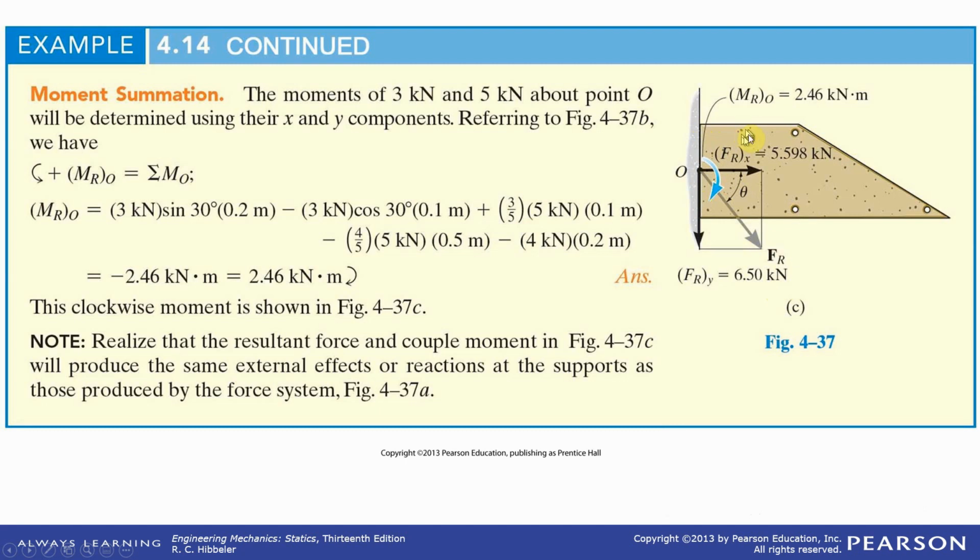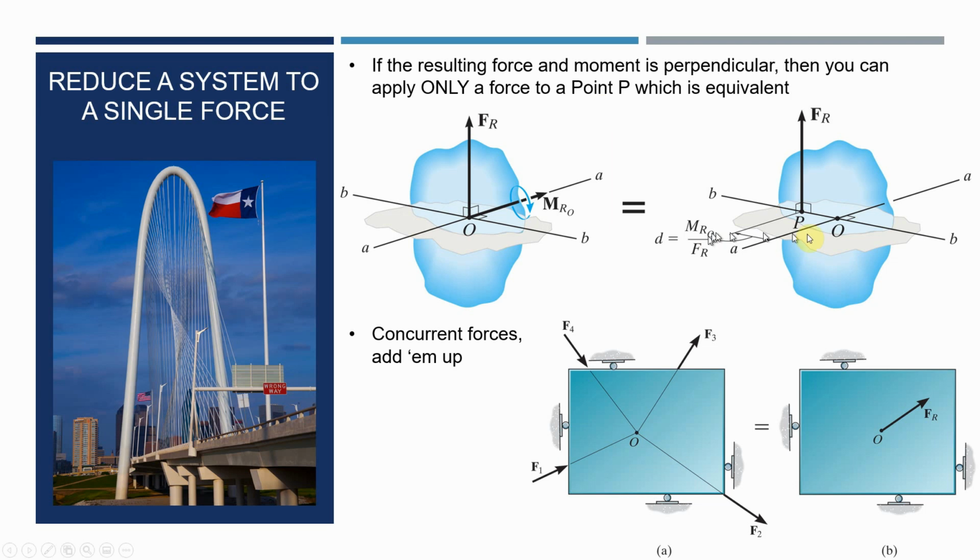That'd probably be the best place, is right there, to cause the same moment. And you'll notice that in this little diagram. Here's the moment going this way, the force is perpendicular. You move a certain distance. That distance is given by the moment divided by the magnitude of the force, perpendicular to both.